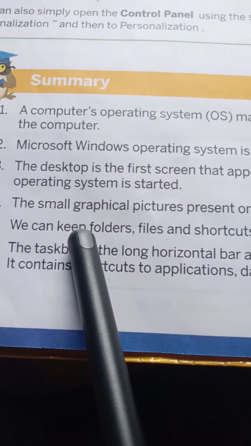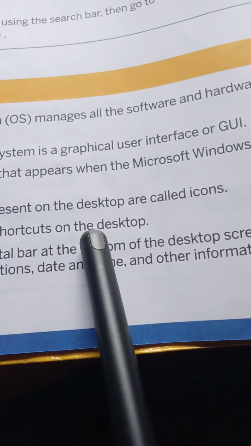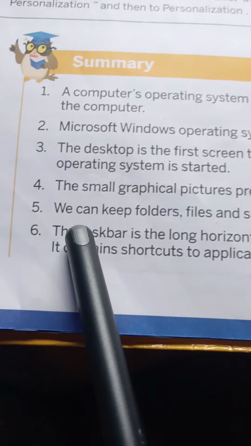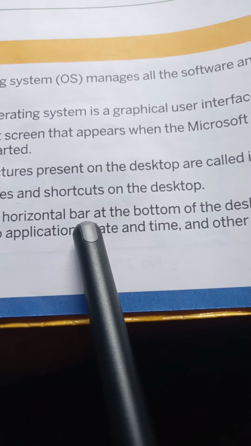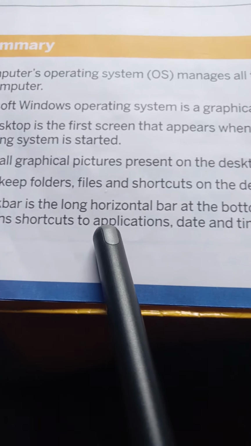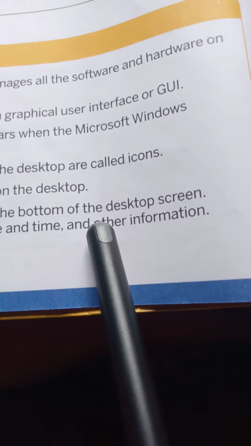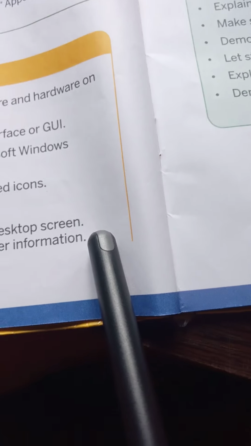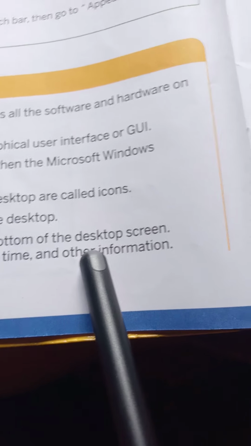We can keep folders, files and shortcuts on the desktop. The taskbar is the long horizontal bar at the bottom of the desktop screen. It contains shortcuts, applications, date, time and other information. You see the other information like network position, volume position, etc.